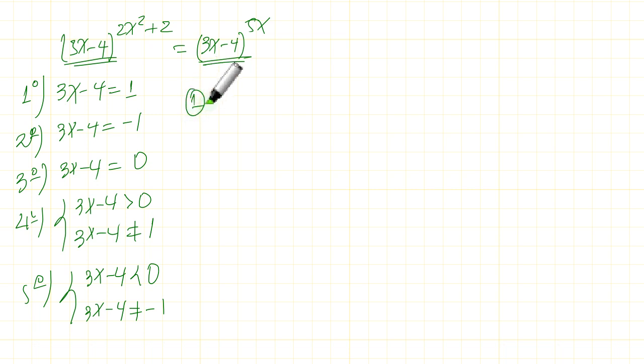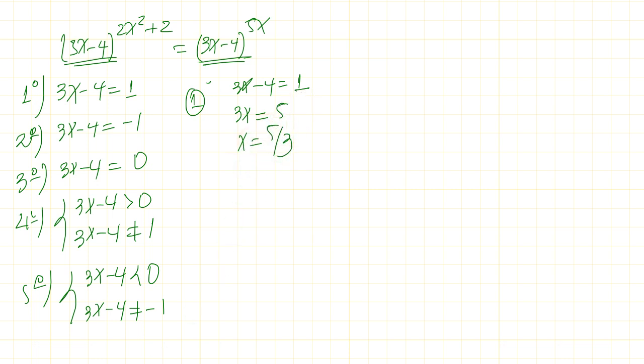Okay, so now let's take the first one here. If 3x minus 4 is equal to 1, so we're gonna have 3x equals 5, so x is gonna be 5 over 3.